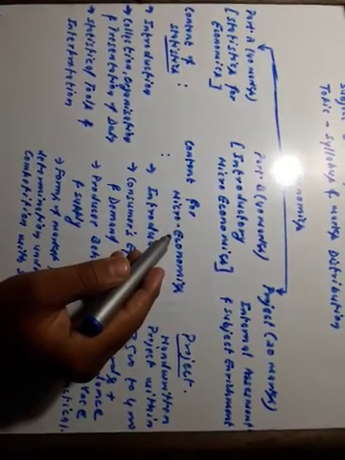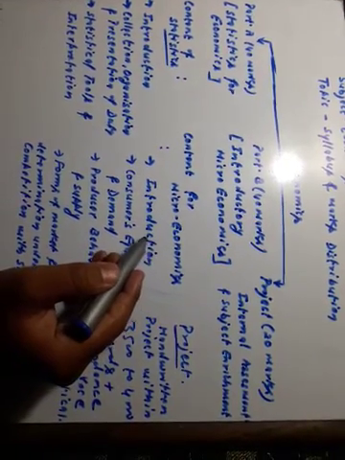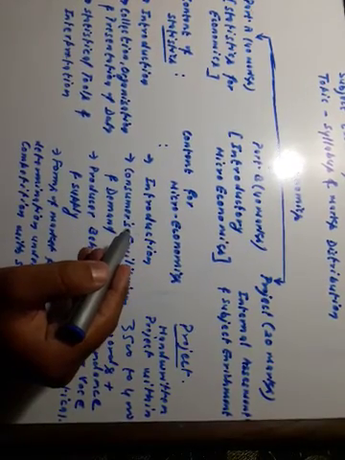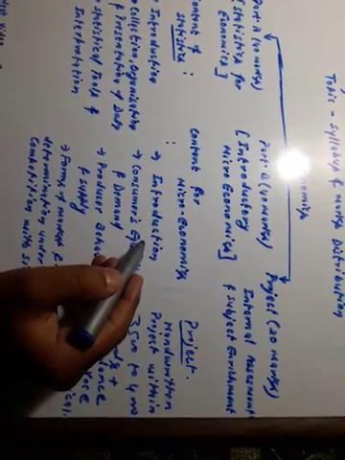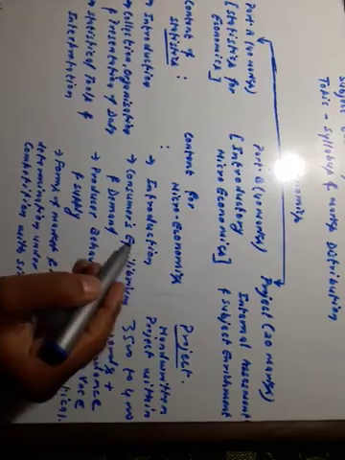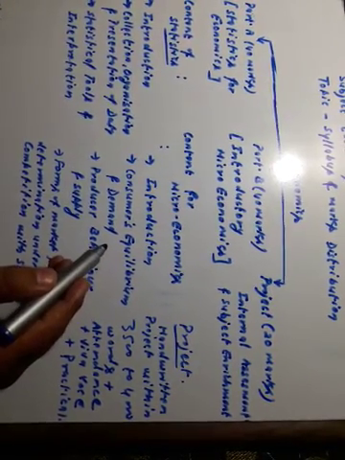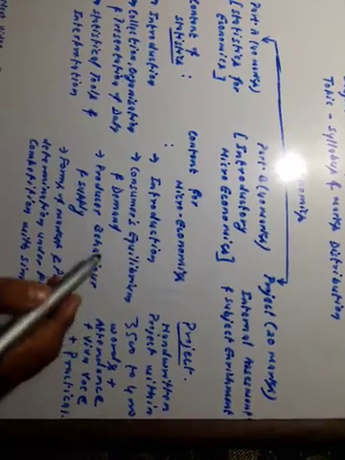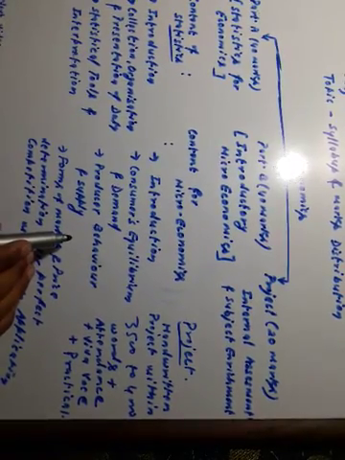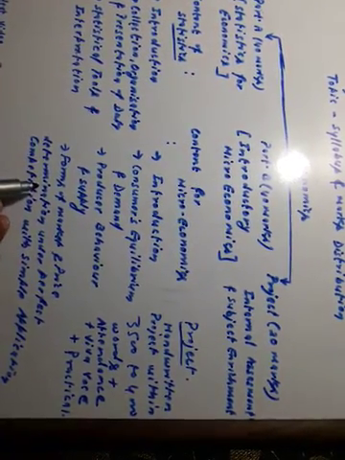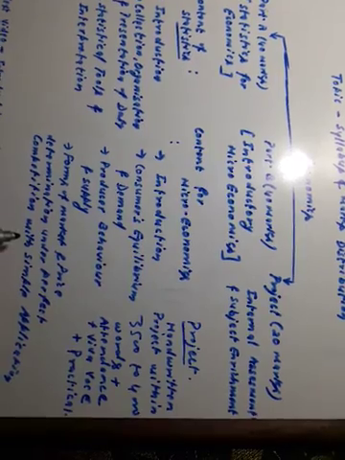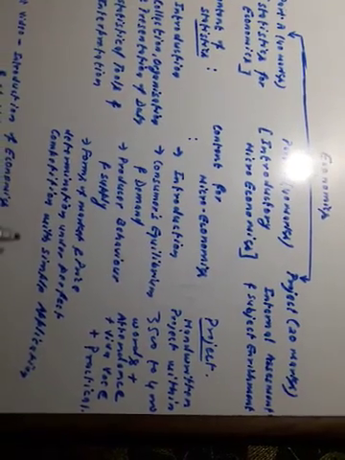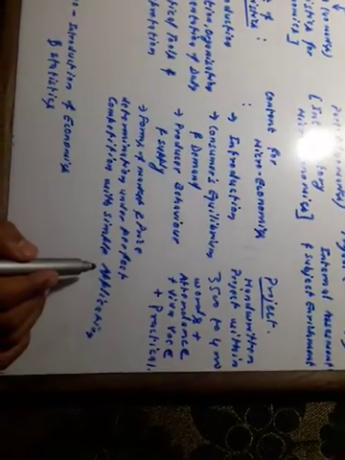The content of microeconomics: the total subject is divided into three units. Unit 1 is Introduction, unit 2 is Consumer's Equilibrium and Demand, Producer Behavior and Supply, and the third and last unit is Forms of Market and Price Determination under Perfect Competition with Simple Application.